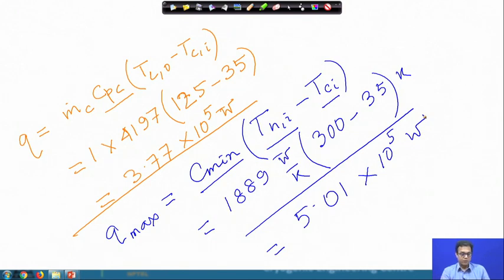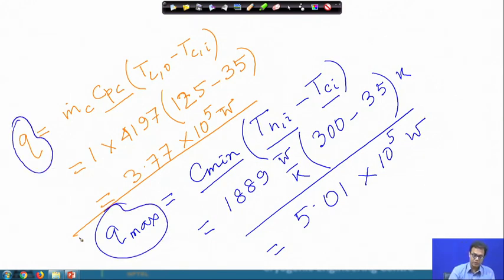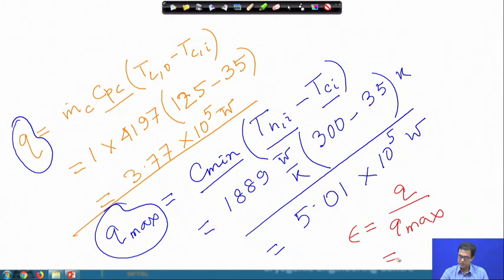Now, we know the actual heat transfer, we know the maximum heat that can be transferred. So, we can now find out the effectiveness. This is Q by Q max and it will come out to be 0.75.